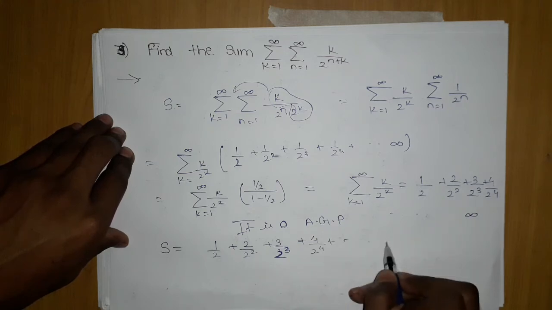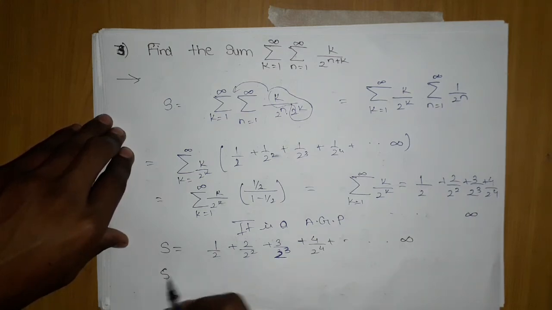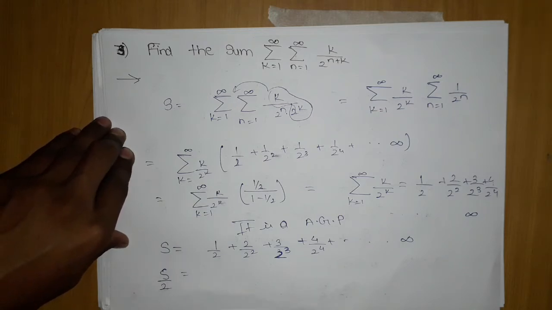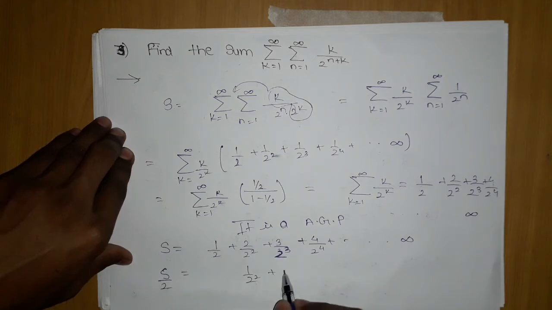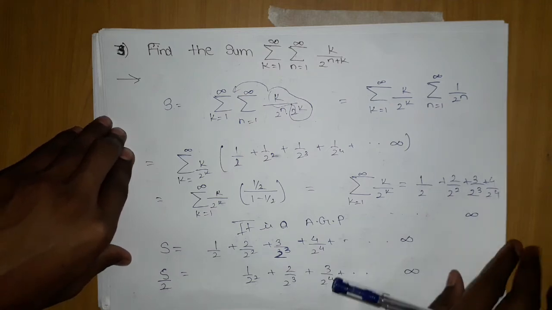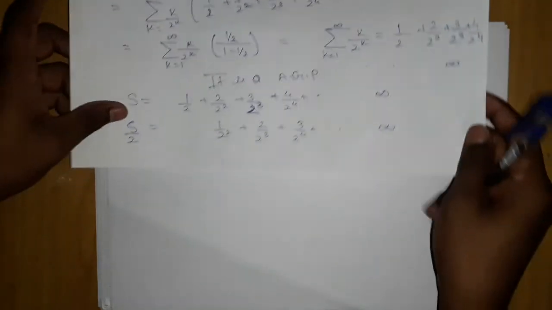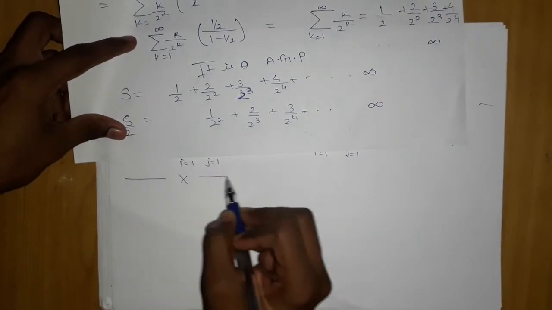Now write it again and multiply it with the common ratio, which is 1 by 2, and then subtract it: 1 by 2 the whole square, 2 by 2 the whole cube, 3 by 2 the whole power 4, and so on till infinity. Now let's see what we are getting.